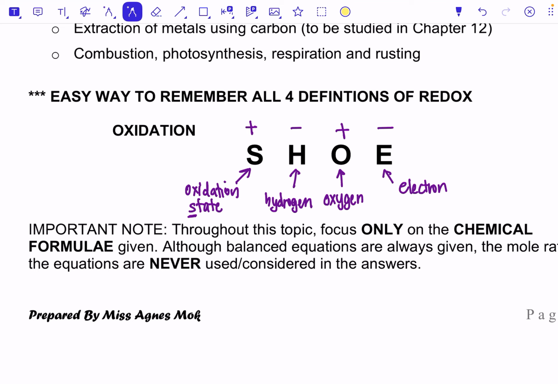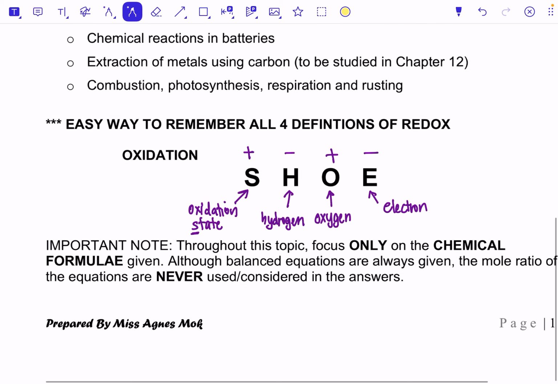And the fourth definition is increase in oxidation state. I used to memorize this as a student, but actually now I realize no need to memorize. You just need to know SHOE, plus, minus. So these are the 4 easy ways in which you can define them. It may not make a lot of sense right now. When we try a question later on, you will understand it.